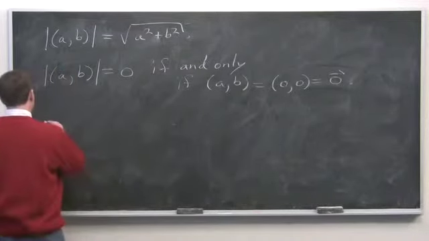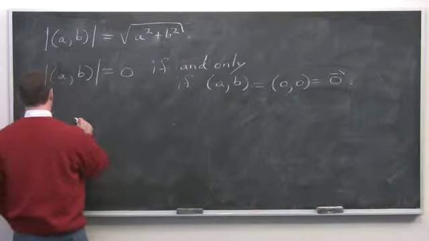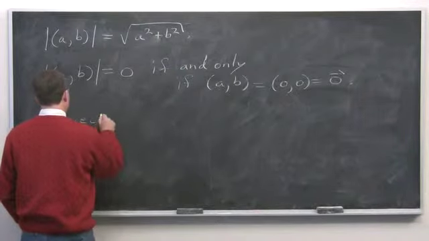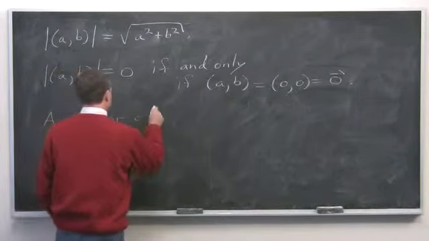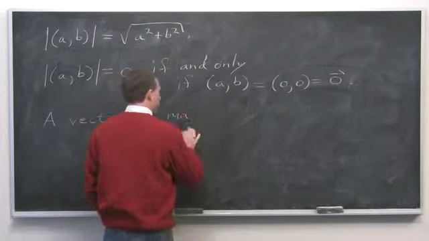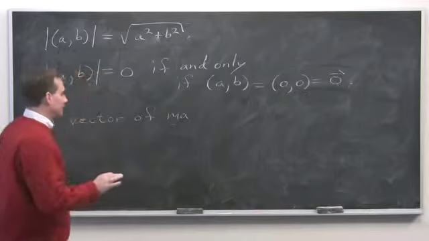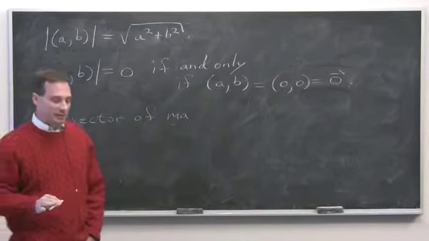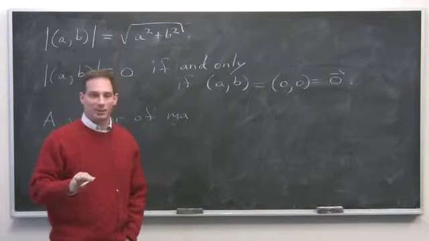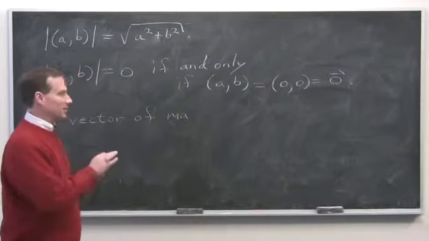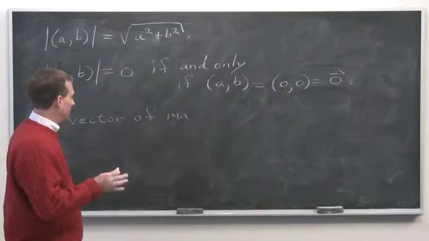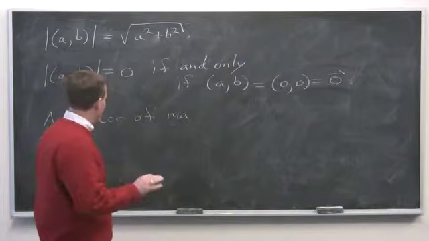A vector of length 1, of magnitude 1. If I ever say length of a vector, I mean the magnitude. It's actually a bad habit to get into because you don't want to think that all magnitudes are lengths, even though that's how we picture them. I try not to make that mistake, but every now and then.